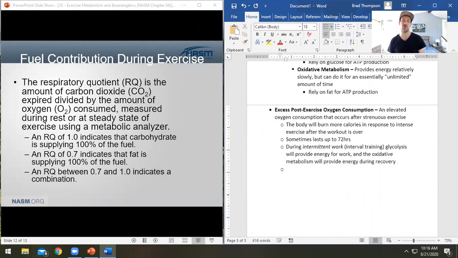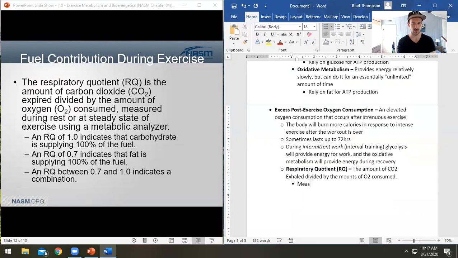Okay, so let's go ahead and look at what I mean when I'm saying all this. What about how much oxygen is going in versus how much is being used by your cells? That is referred to as your respiratory quotient, or RQ. It is the amount of CO2 exhaled divided by the amount of O2 consumed, and it is measured using a metabolic analyzer.